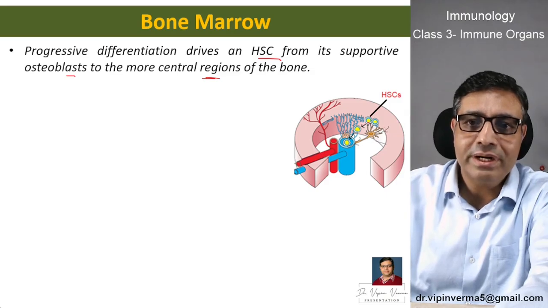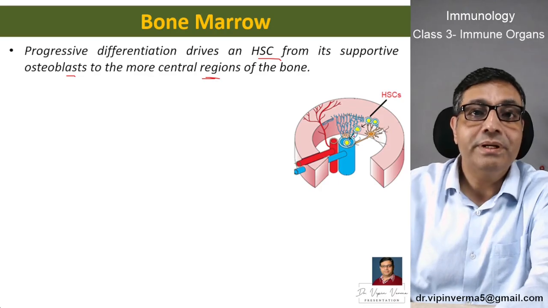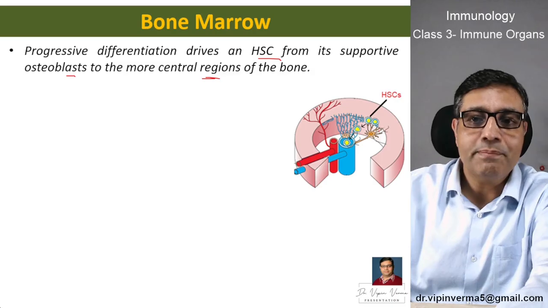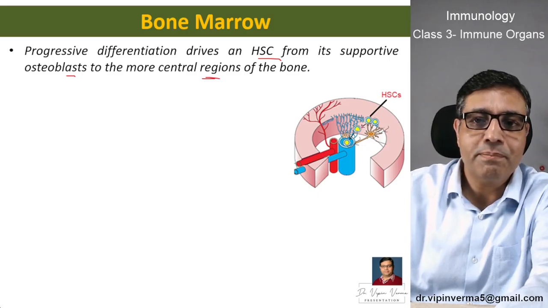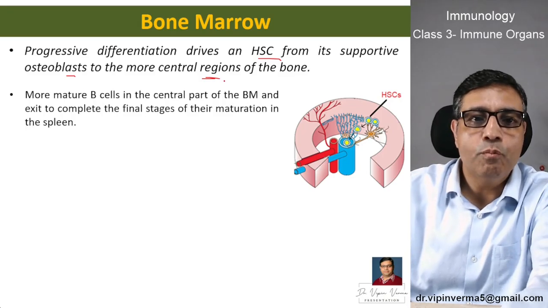As they commit towards a particular lineage, differentiating from long-term hematopoietic stem cells to short-term hematopoietic stem cells to progenitor cells and precursor cells, slowly they move away from the periphery towards the center. The arrows show them moving towards the more central region of the bone.